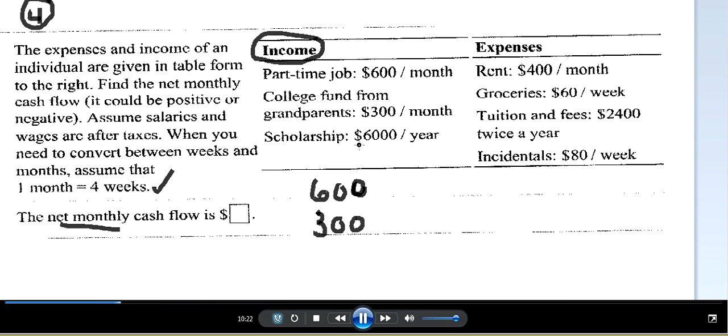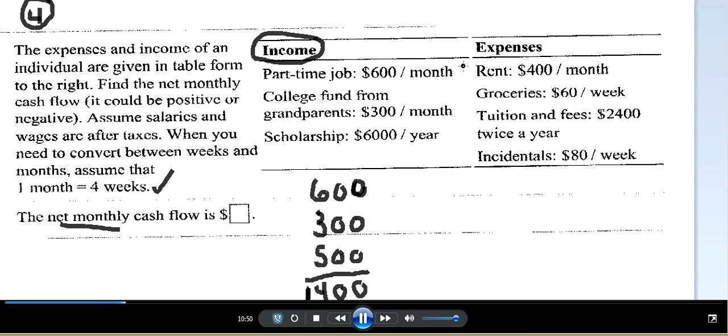And the scholarship, $6,000 a year. So divide that by 12, and what's that going to give you? $500 a month for the scholarship. Okay, so our net income here is going to be this amount. 9 and 5 is 14.